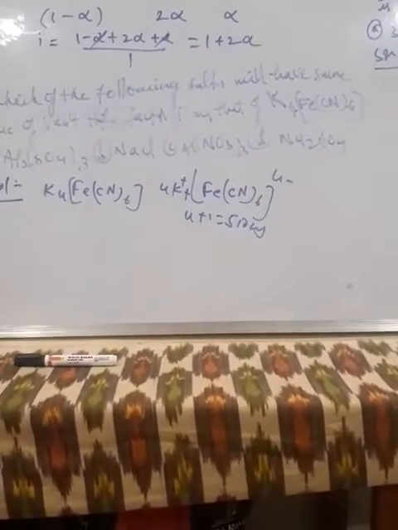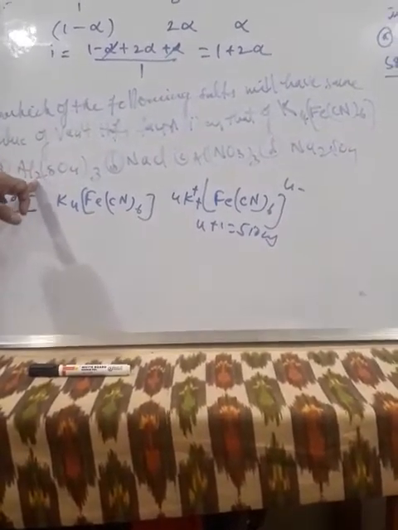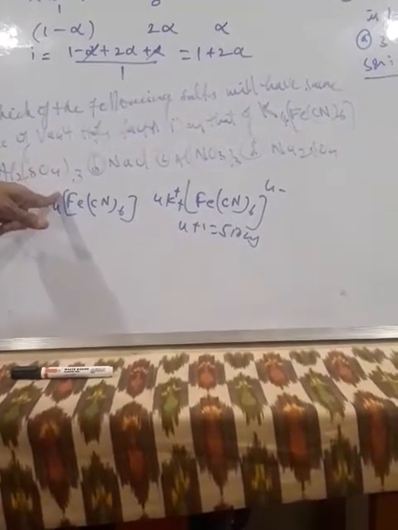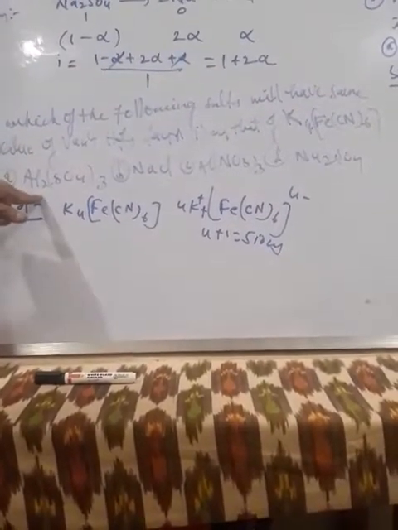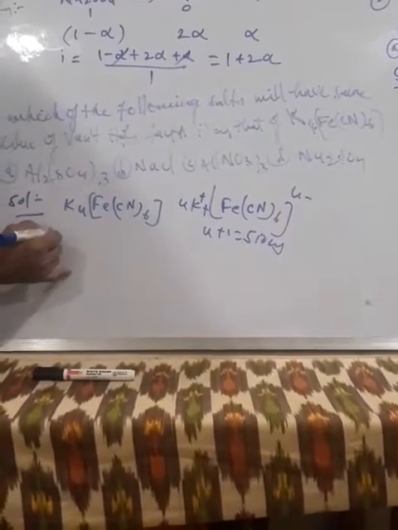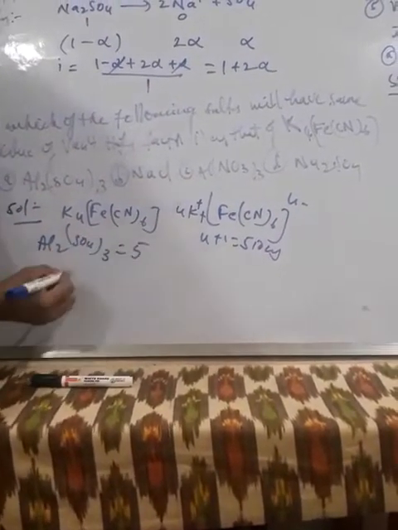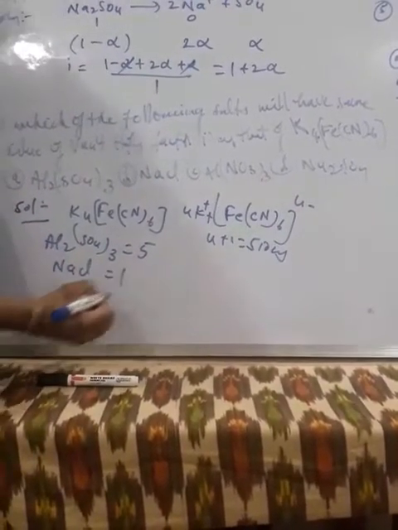Here, aluminium sulfate. Aluminium sulfate on dissociation forms 2 aluminium ions and 3 sulfate ions. So total number of ions here is 5, for Al2(SO4)3. For NaCl, Na+ and Cl-, 2.